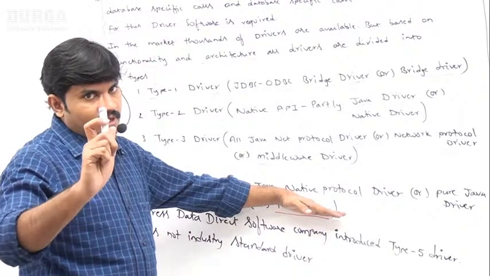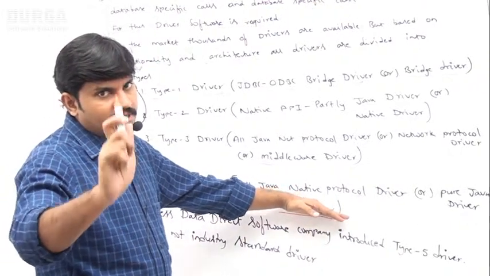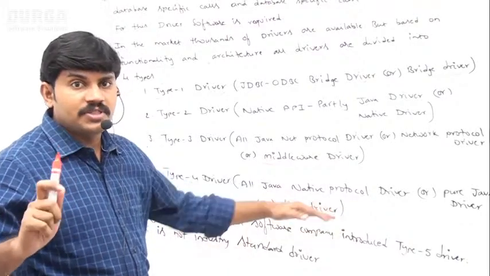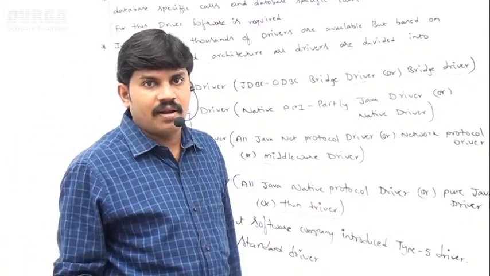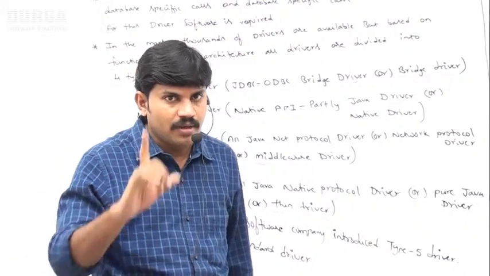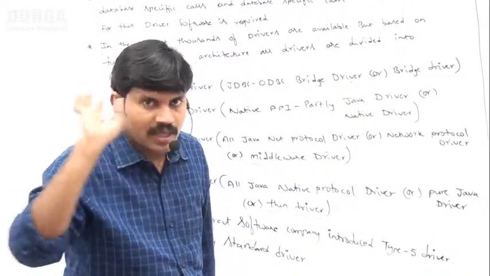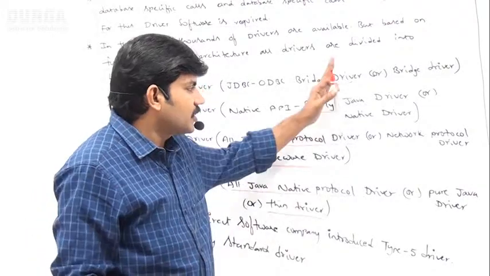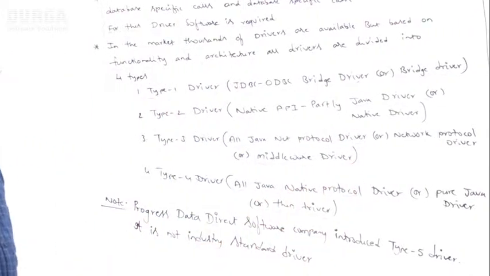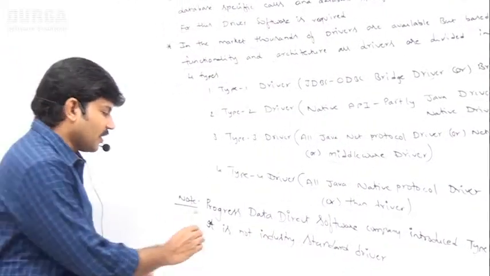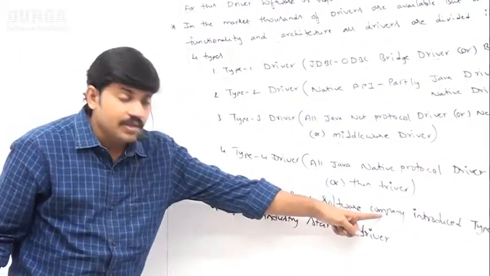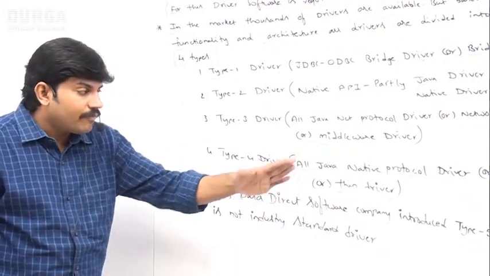I am repeating multiple times. If anyone asks in the interview room how many types of JDBC drivers there are, there are 4 types: type 1, type 2, type 3, type 4. If you are interested, you can spell out these names also. Note that Progress DataDirect, a software company, introduced a type 5 driver.